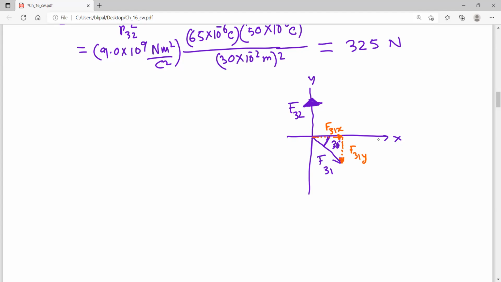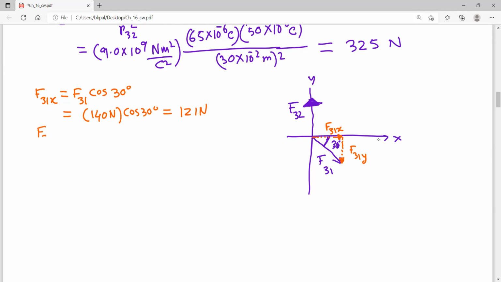F31x will be F31 cosine 30 degree. So if you plug in the value, F31 is 140 Newton, and cosine 30 degree, that is equal to 121 Newton.